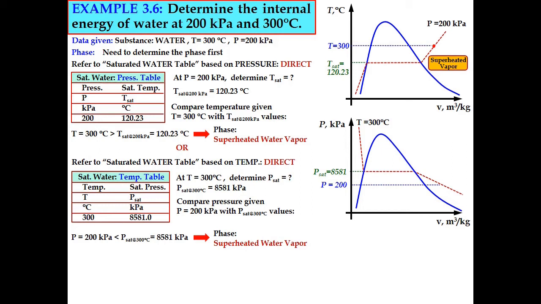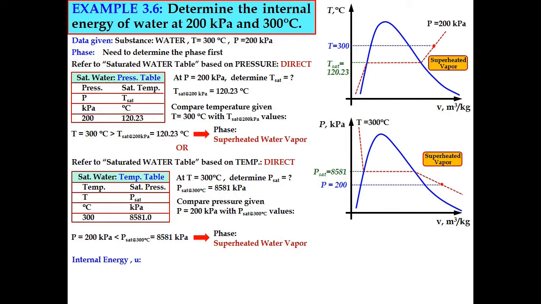If we draw the horizontal line for 200 kilopascal, the intersection point with the constant T line is within the superheated vapor region. That's how we can determine the phase using the PV diagram, the TV diagram, and the tables.